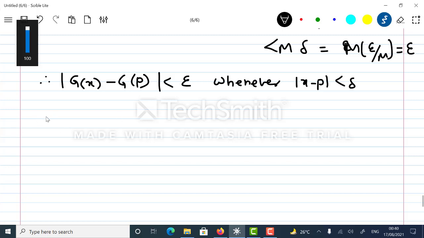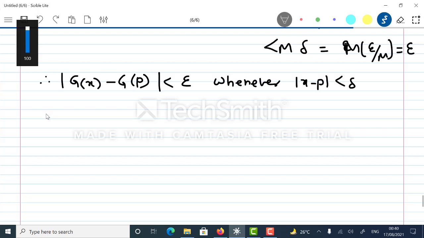So from case 1 and 2 we could show that g is continuous at p, and p is an arbitrary point, so p can move over the entire interval a, b. So hence g is continuous on the closed interval a comma b.